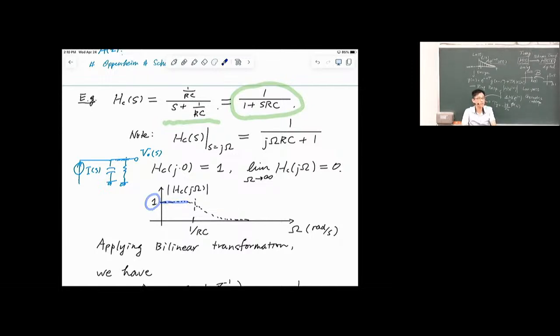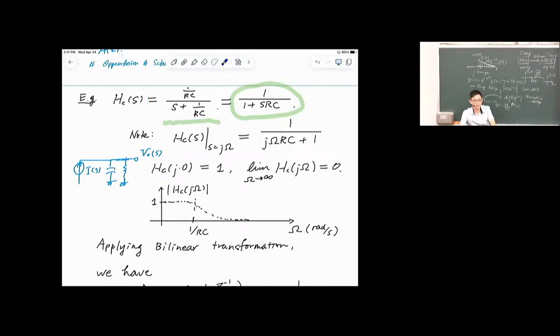It has unit gain at DC, and then as frequency increases, the magnitude response is going to be decreasing, and when omega approaches infinity, the gain approaches 0. That's a property of this transfer function.